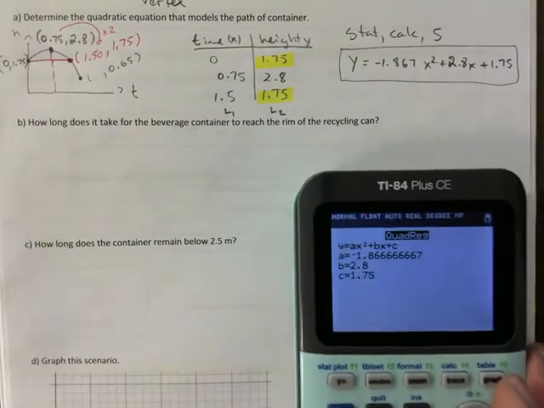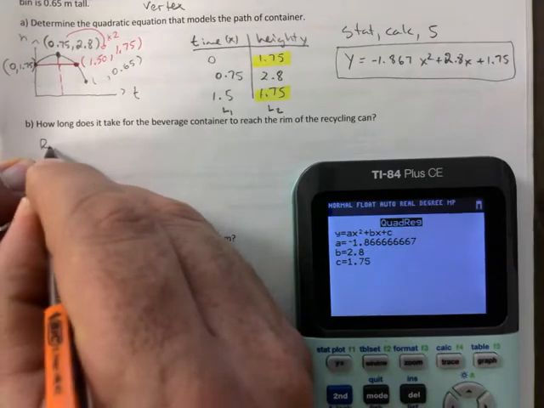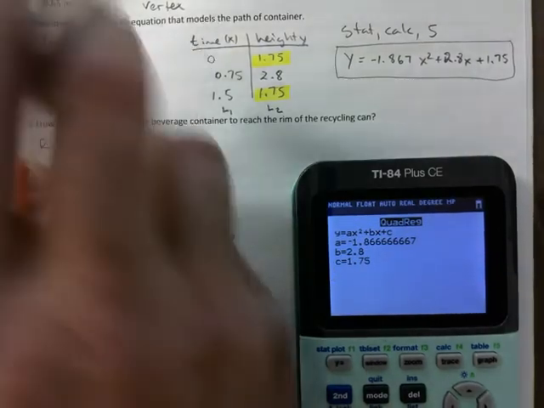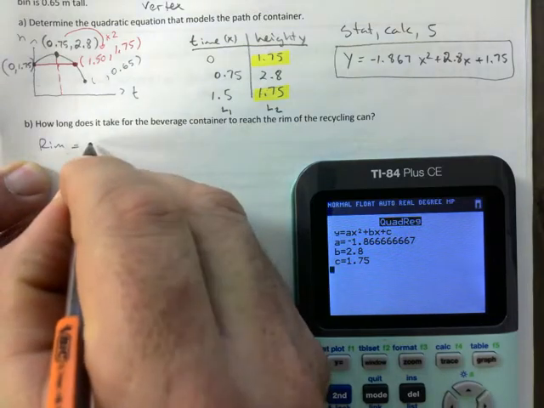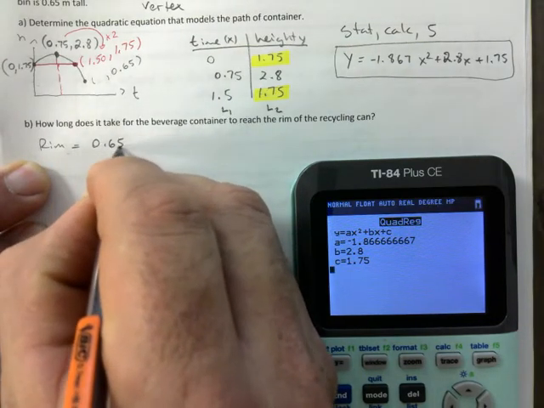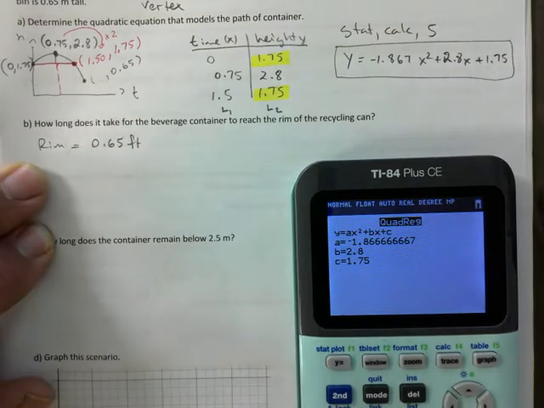Now we can answer questions. How long does it take for the beverage container to reach the rim of the recycling bin? Now we can answer that. The rim is at a height of 0.65, as per the question up there.